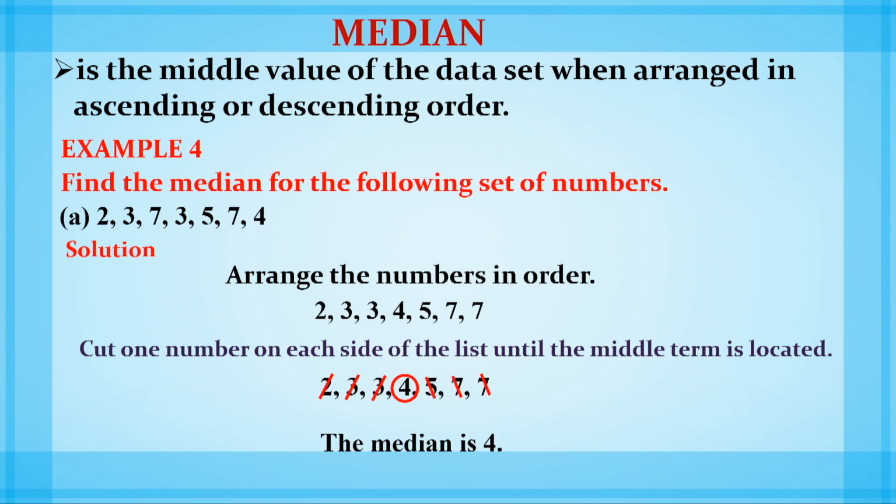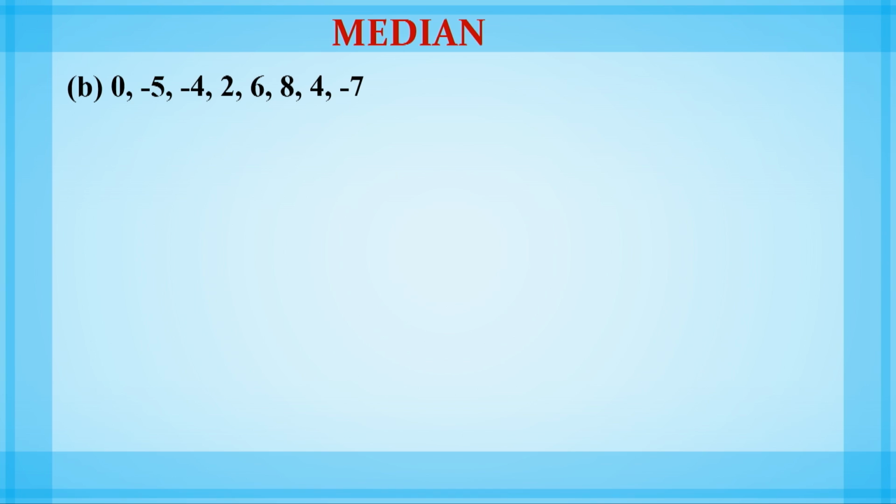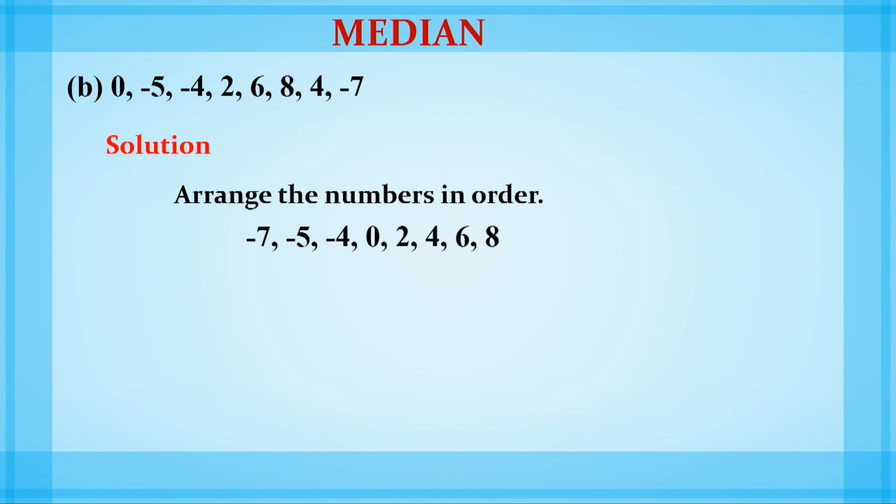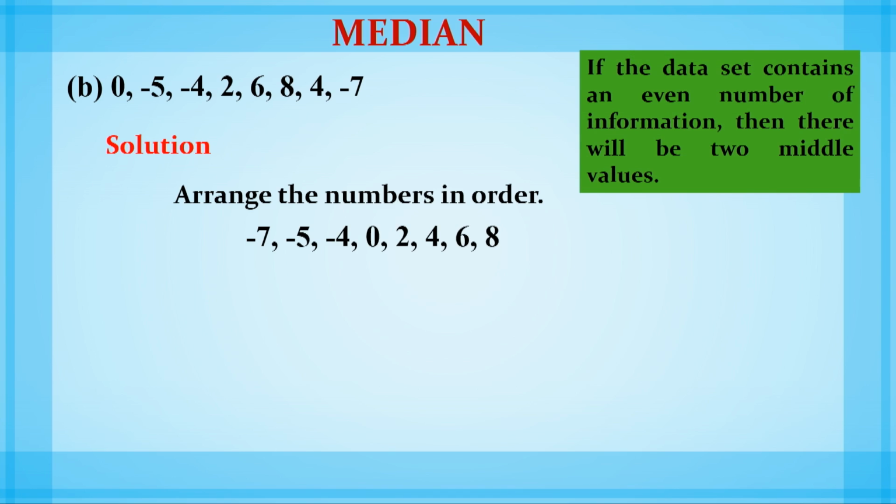Similarly, in part B, first we arrange the numbers in order. Now, students, observe here the total number of observations is equal to 8, which is an even number. Remember, if the data set contains an even number of observations, then there will be two middle values.